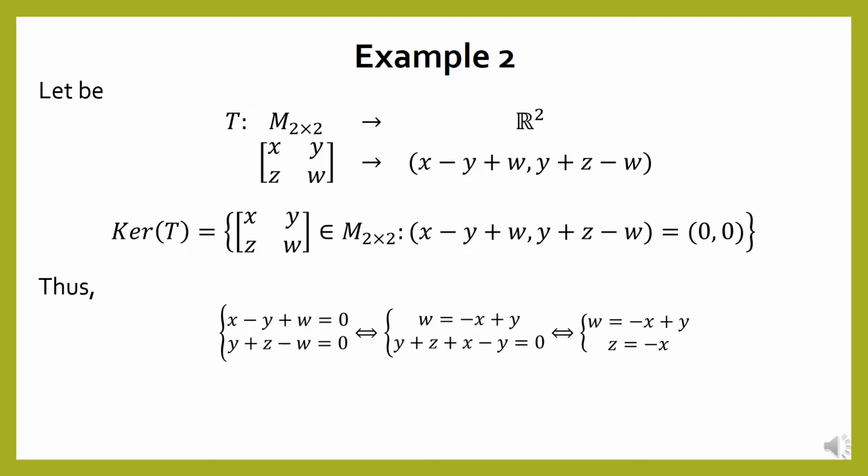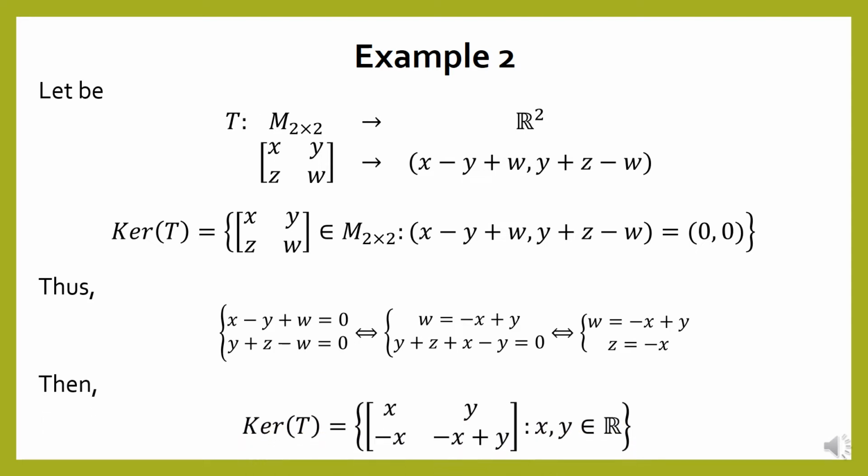Determining x and y as a function of z and w, we obtain matrices whose entries depend on these last two variables. It is therefore a subspace of matrices of order 2 with dimension 2.